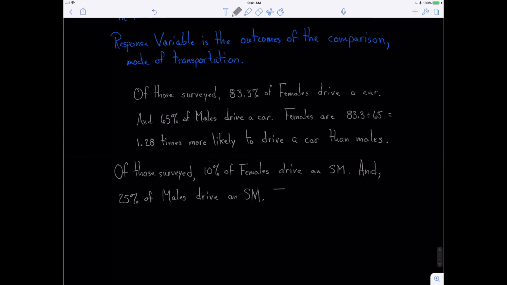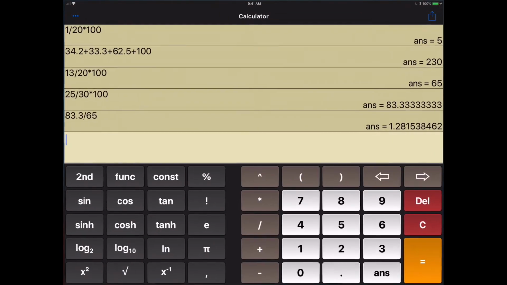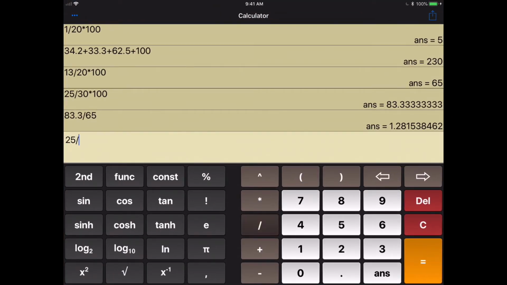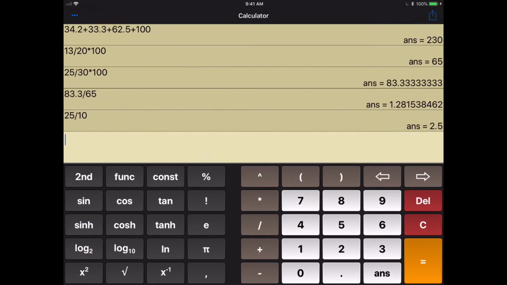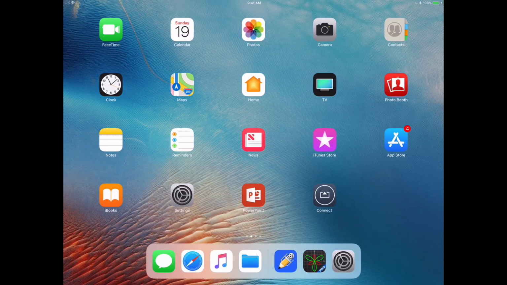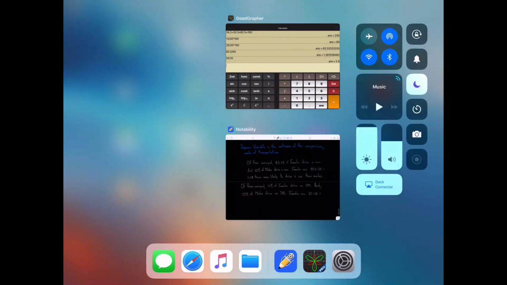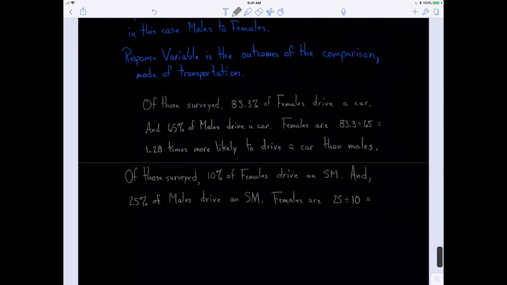So we could say females are, and again we put the larger number over the smaller number, so we're going to take the 25 and divide it by the 10. Let's go back to Good Grapher really quick. So we'll go 25 divided by 10, and we get 2.5. Wow, that's a lot. So I want to go back to Notability.